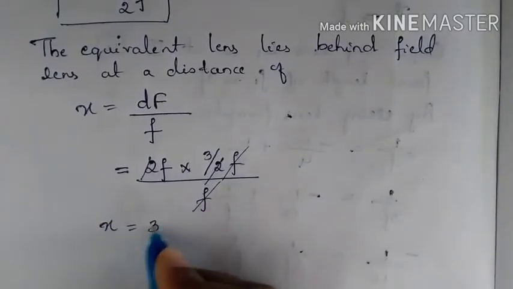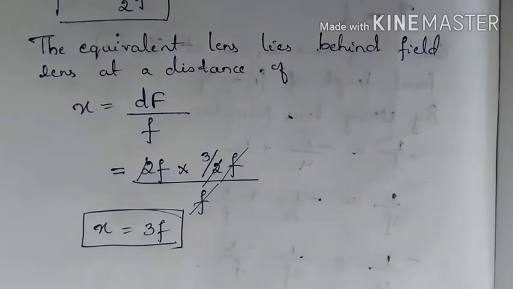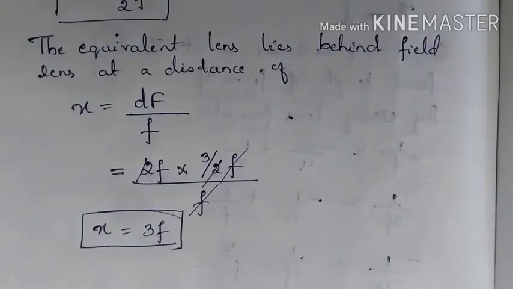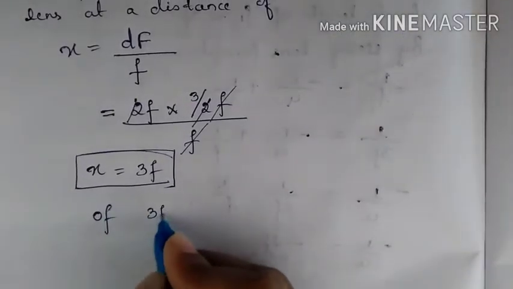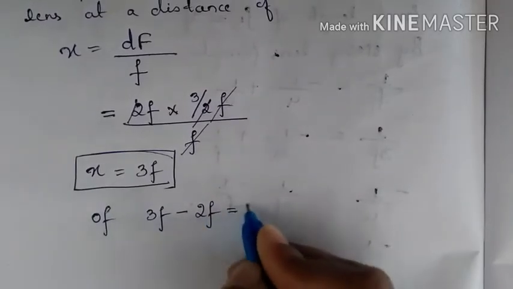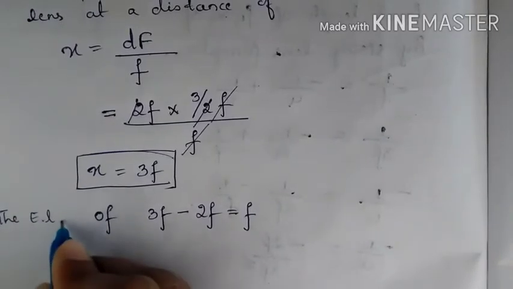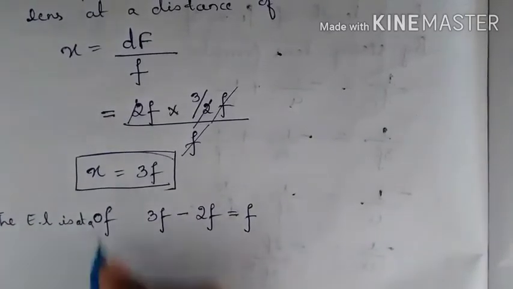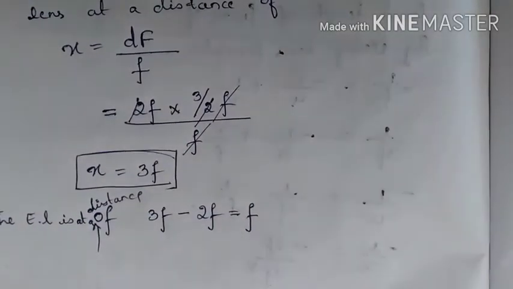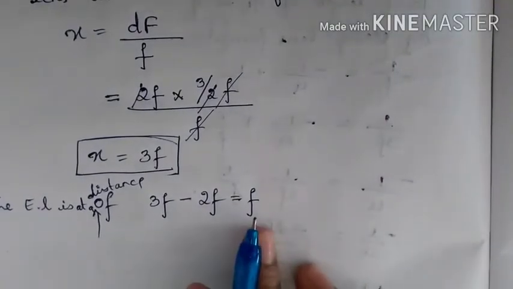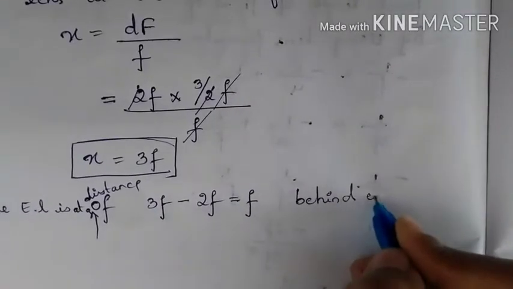So x is equals to 3f. And the equivalent lens is at a distance of 3f minus 2f is equals to f. So this will be behind the eye lens.